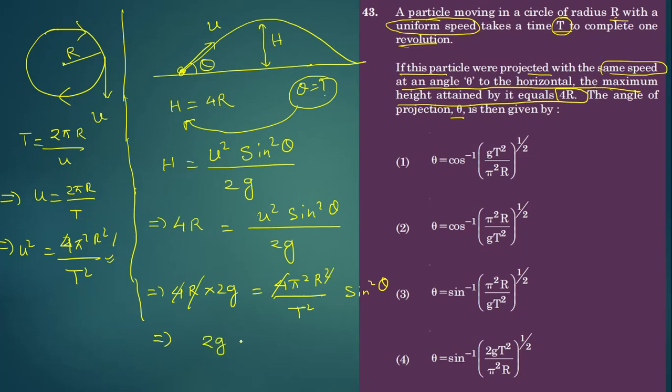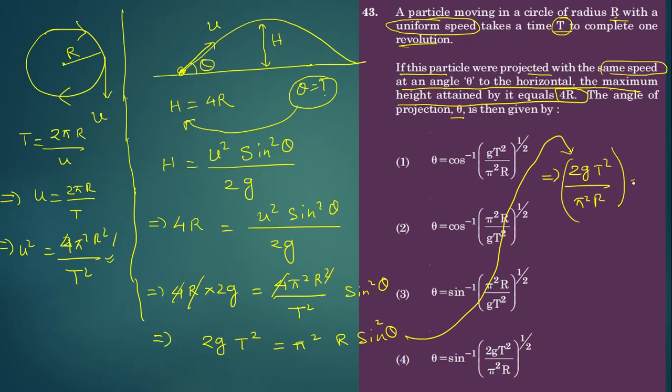So 2g multiplied by t square will be equal to pi square r multiplied by sine square theta. Let us simplify further. 2g t square divided by pi square r is equal to sine square theta. Therefore sine of theta will be equal to square root of this quantity, 2g t square by pi square r, all under root, half. So option number 4 is the correct answer.